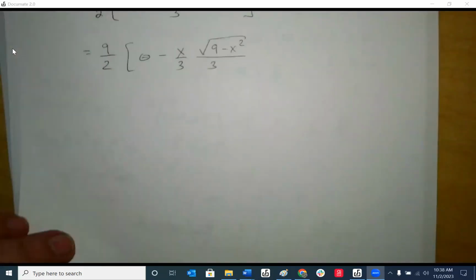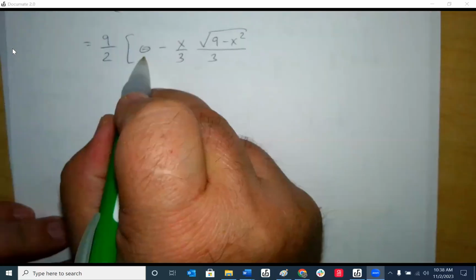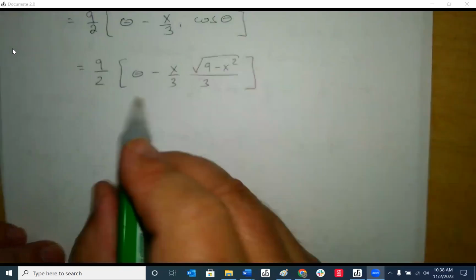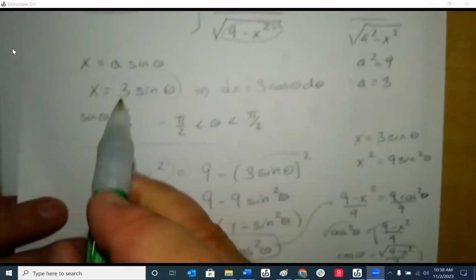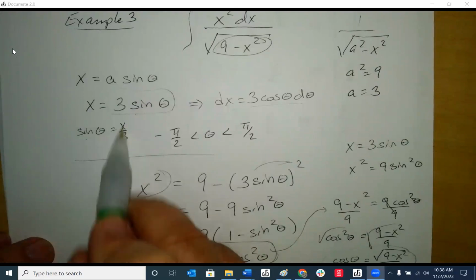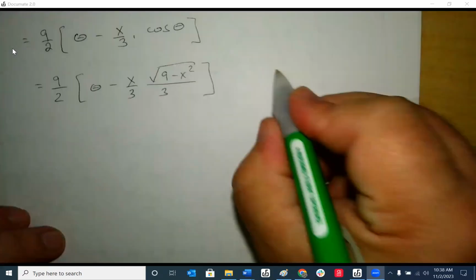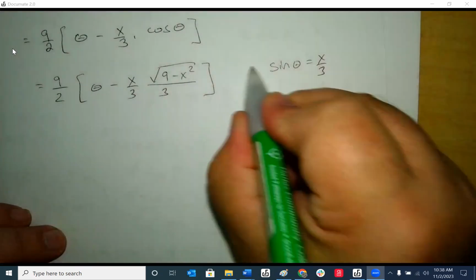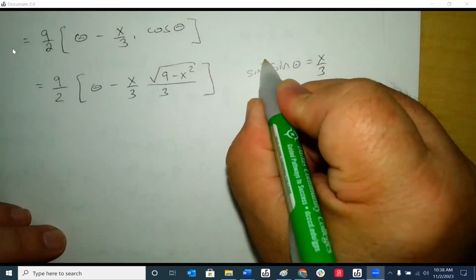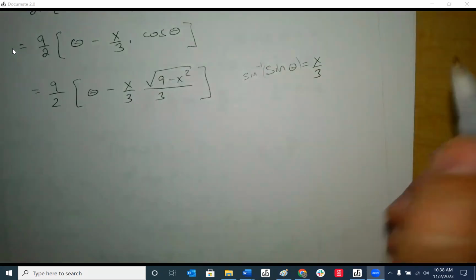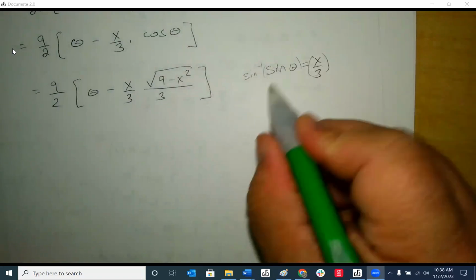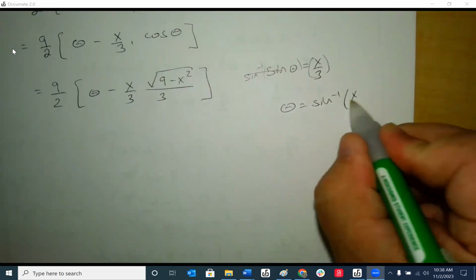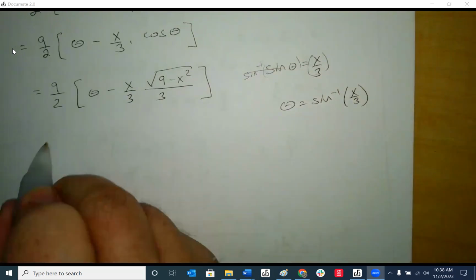Now we've got to figure out what theta is. Since sine theta equals x over 3, if we take the inverse sine of both sides, we have theta equals inverse sine of x over 3. That's what theta is.